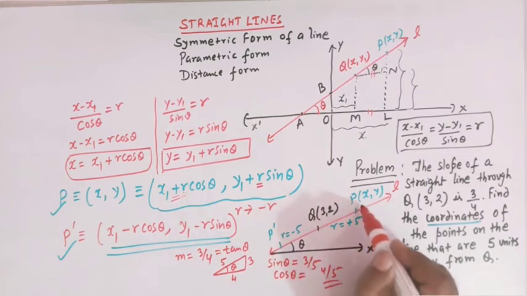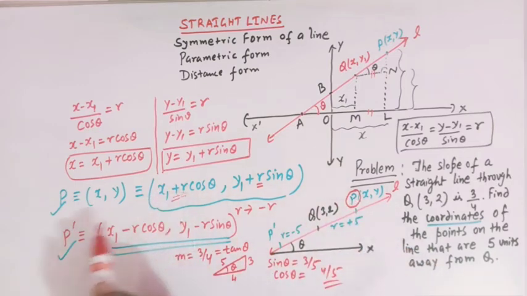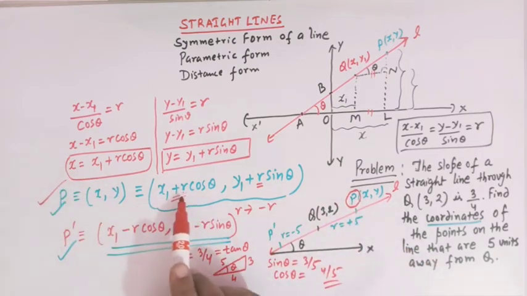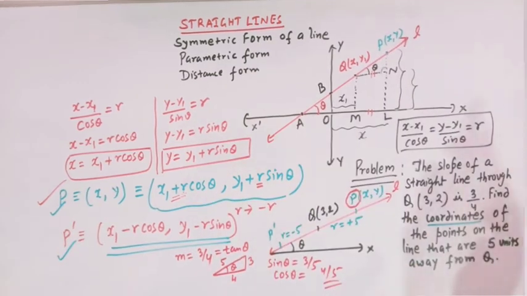So in order to find out the coordinates of this point P, we'll take this form of the coordinate, right? Because this point P is lying towards the right of Q, and this point P prime will use these coordinates, right? Because it is lying towards the left of Q, right? So we can now simply substitute the values and we'll get the coordinates.